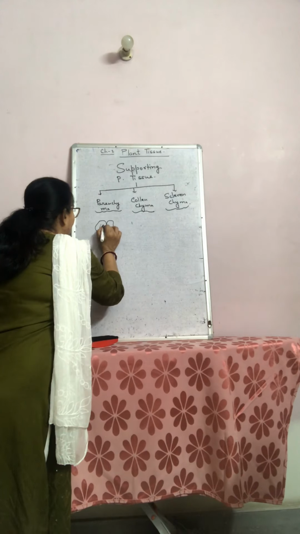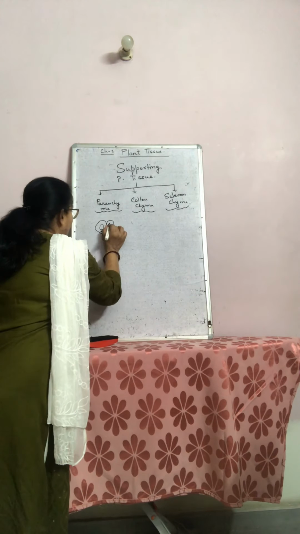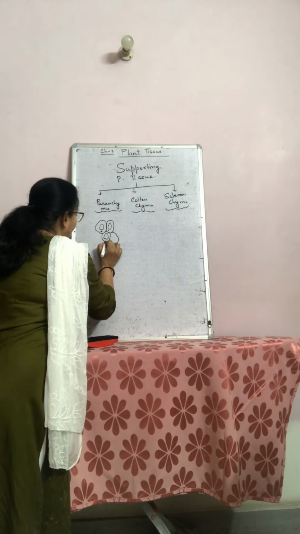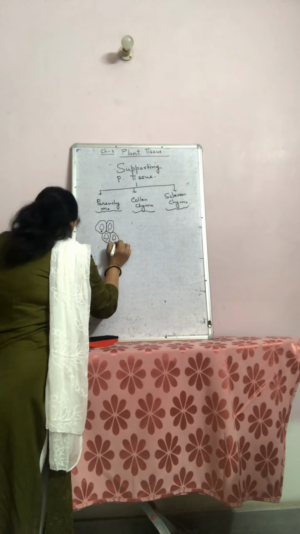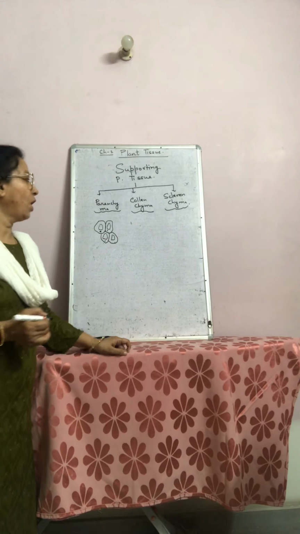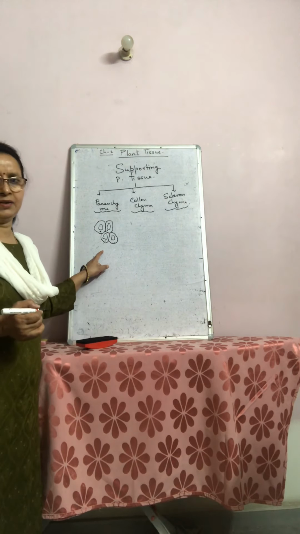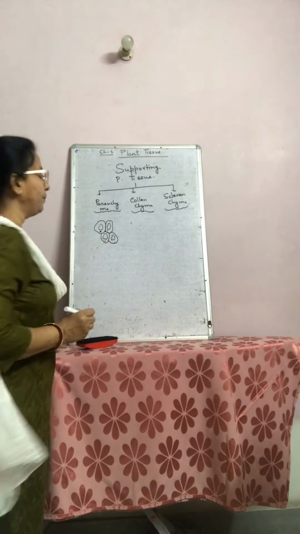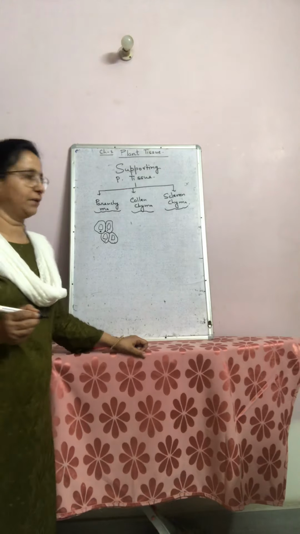Here vacuole is present, this one is nucleus. You can see here all the cells are compactly arranged without any intercellular space.